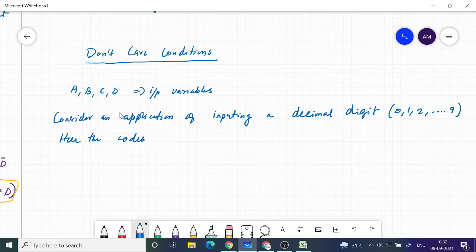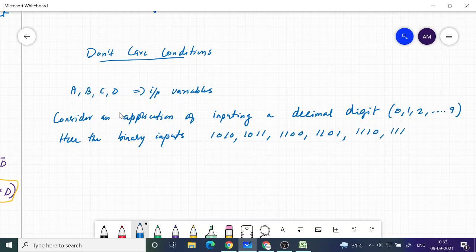The binary inputs 1010, 1011, 1100, 1101, 1110, 1111 never arise as an input.